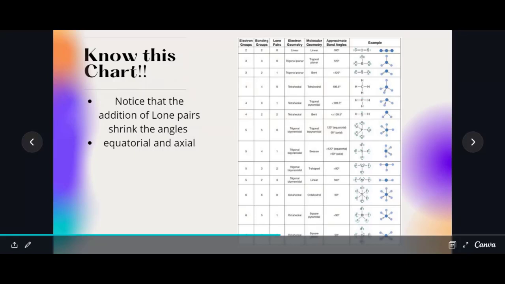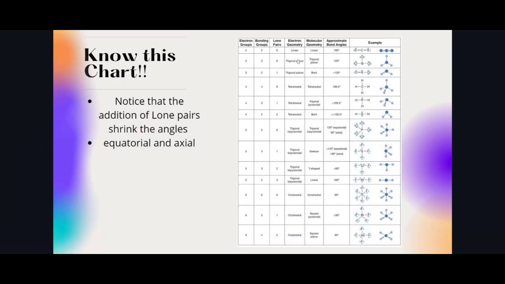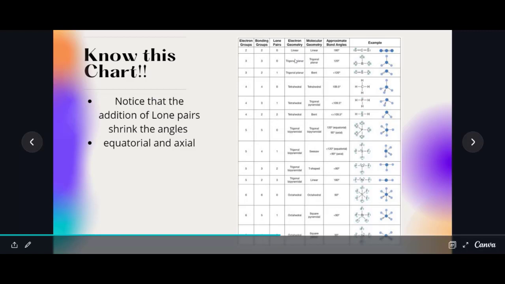One thing I like to point out is that the electron geometry is kind of the same. It repeats. And why? It's because the electron geometry takes into account only the areas of electron density, and that could be a lone pair or a shared atom.